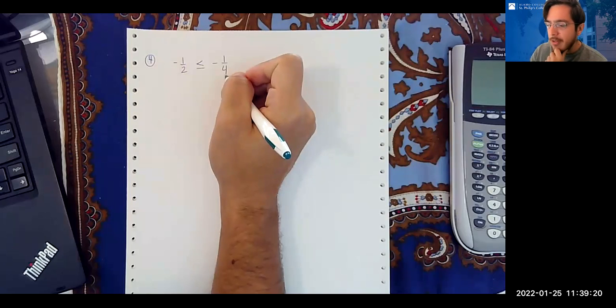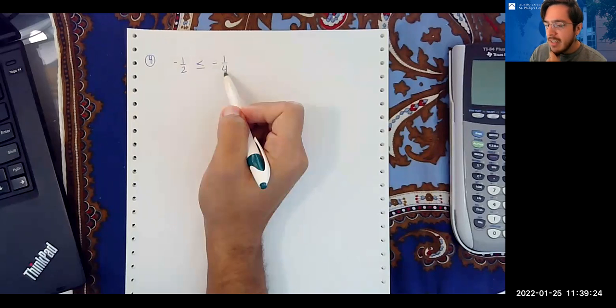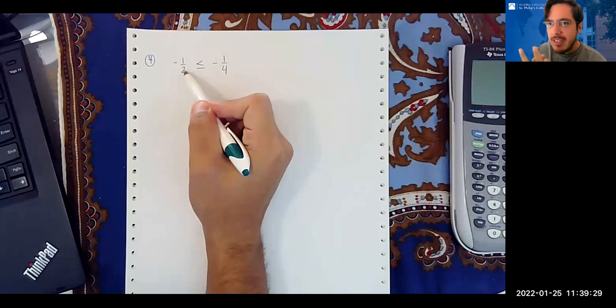Well, I think you're thinking about just the number 2 and the number 4, right? Like this one looks like it's bigger. But then when you go into the negative, you're saying that you have to flip that.